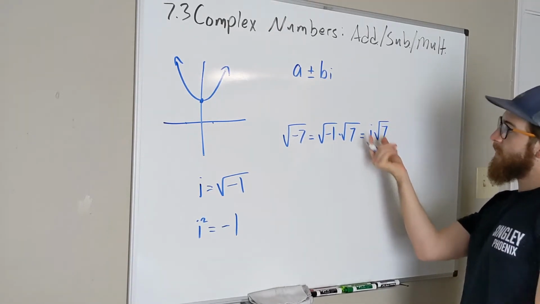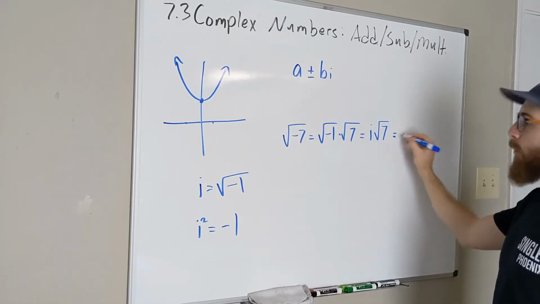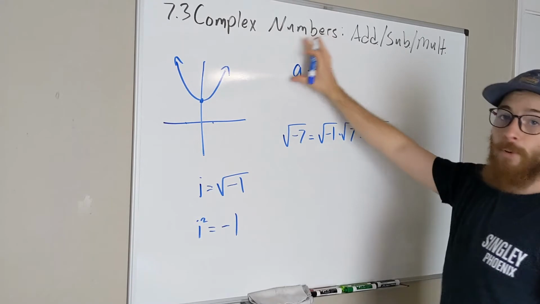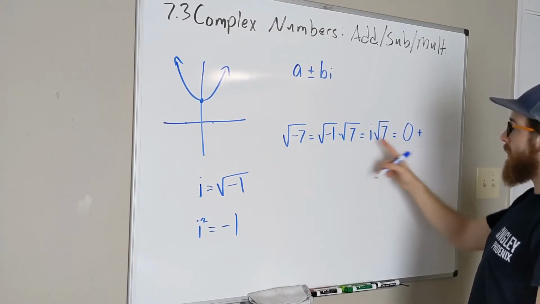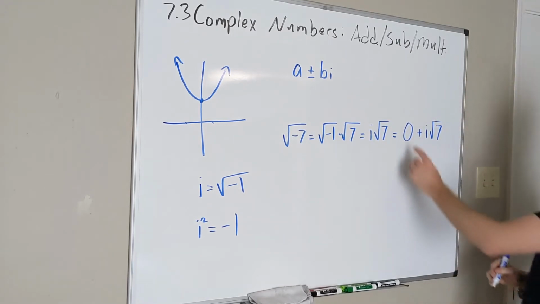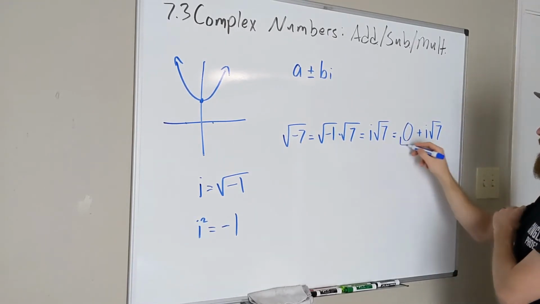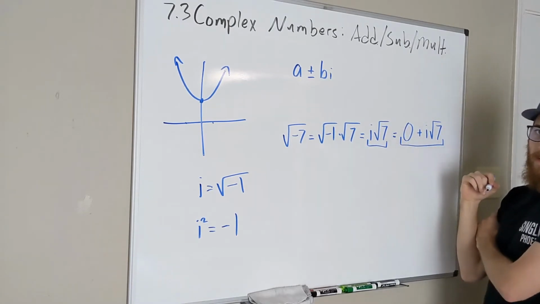This is the b part, and the a part in this case is 0. So if I wrote this as a complex number, it would be 0 plus i square root of 7. So this is the full complex number, and this is the imaginary number.